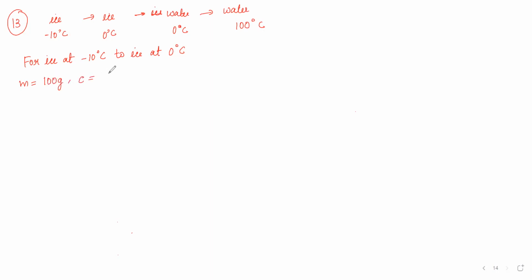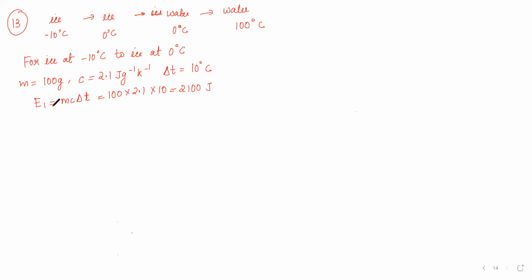C here, everything is in grams, specific heat of ice is 2.1 joule per gram per Kelvin, and delta T is equal to 10 degrees Celsius. So what will be E1 equal to? E1 will be equal to MC delta T. So this is 100 into 2.1 into 10. So this is equal to 2100 joules.